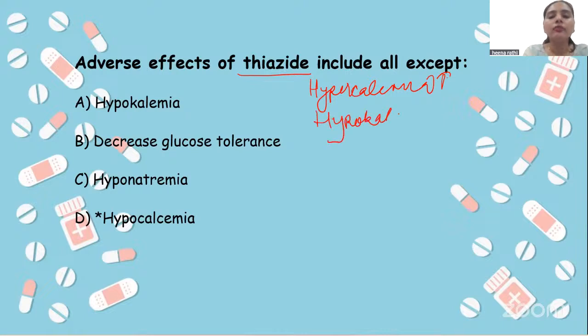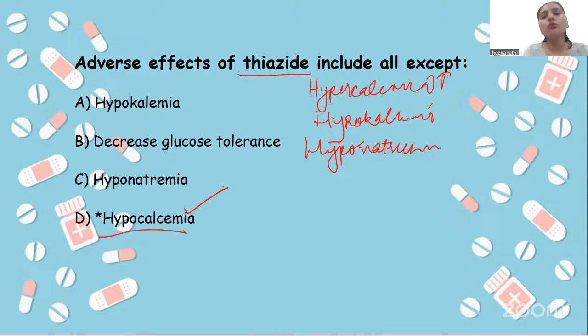Hypokalemia, hyponatremia, everything apart from calcium is excreted by the thiazide, but calcium is not excreted. It means it is going to stay in the body and it produces hypercalcemia. The hypocalcemia-producing diuretic is only the loop diuretics.